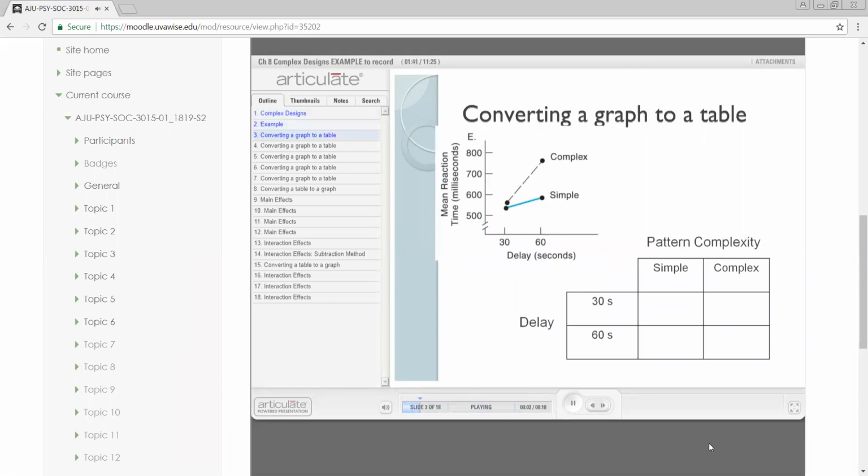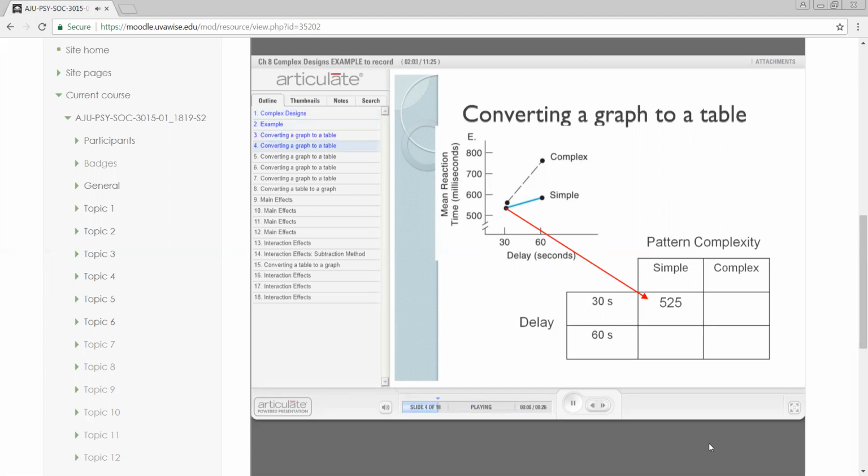So to begin with, we know that we have our two independent variables, pattern complexity and delay, and we've got two levels of each. So I can set up the table before I do anything with my numbers. I've got delay, 30 and 60 seconds, and pattern complexity with our two levels, simple and complex. So as I said, each dot represents a mean.